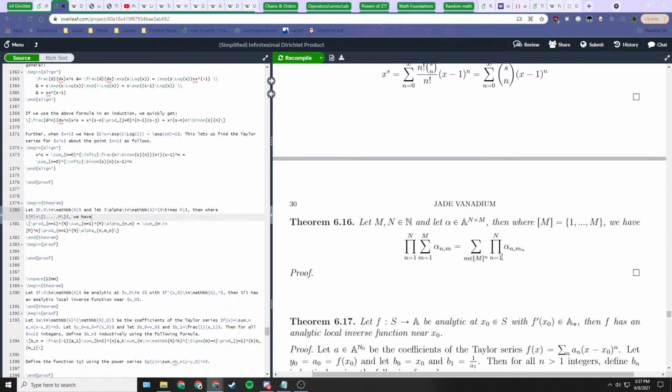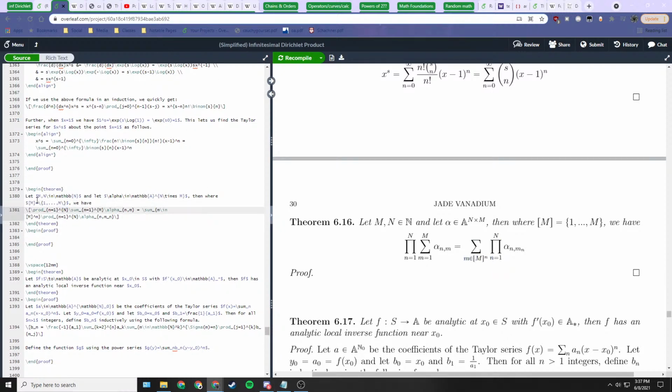They're supposed to be summed across these vectors, where the entries are all these integers, 1 through m. Possibly I could set this up differently. I could say let m and n be subsets, instead of saying they are elements in the naturals.